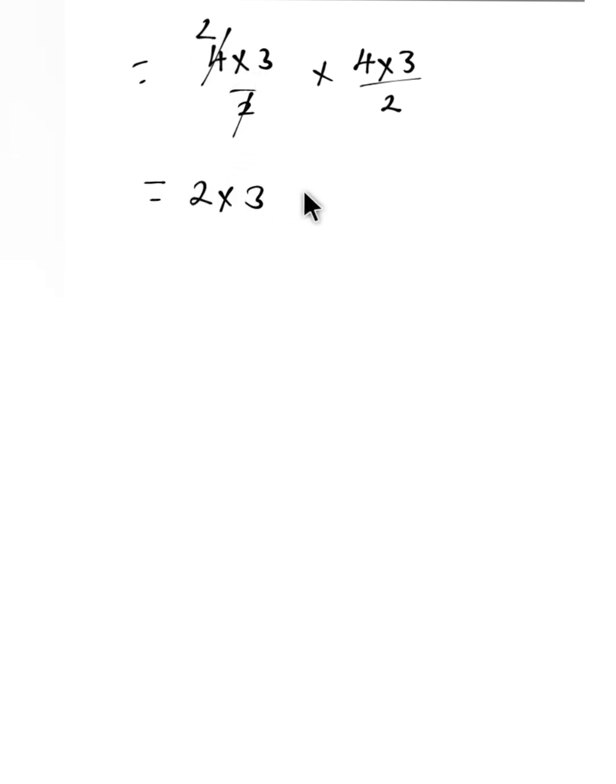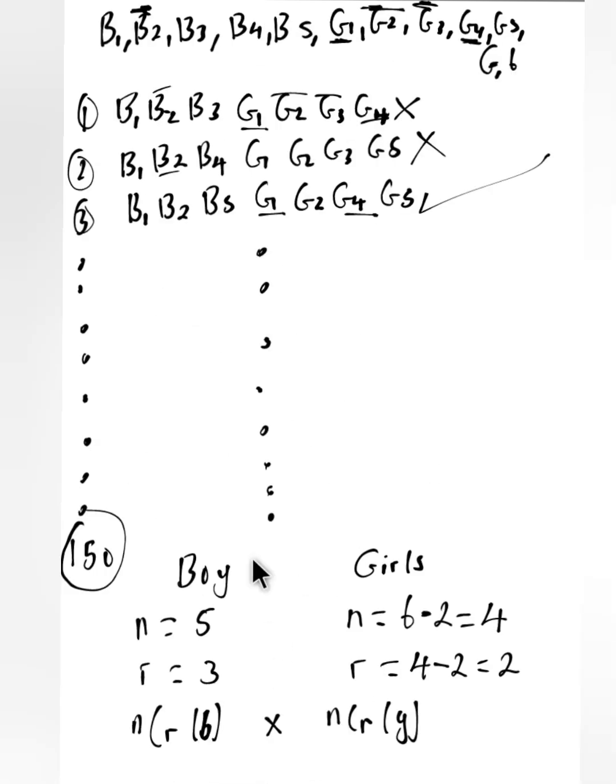In the previous step, we stopped at 4 times 3 over 2 times 4 times 3 over 2. This becomes 2 times 3 because 2 into 4 is 2, times 2 times 3 because 2 into 4 is also 2. And this gives us 6 times 6, which is equal to 36. And this implies that out of the 150 committees that can be formed, 36 of them contain one particular boy and two particular girls.